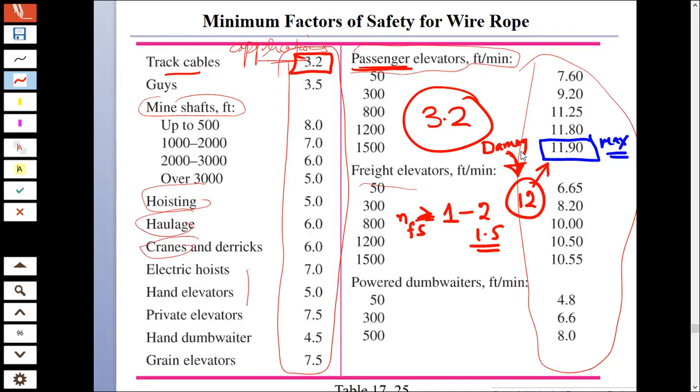So looking at the damage and the loss of life, this is very common, and people might ask you this in your interviews, in your vivas, that what is the minimum factor of safety for a passenger elevator. The minimum factor of safety that we take for a passenger elevator is around 8.